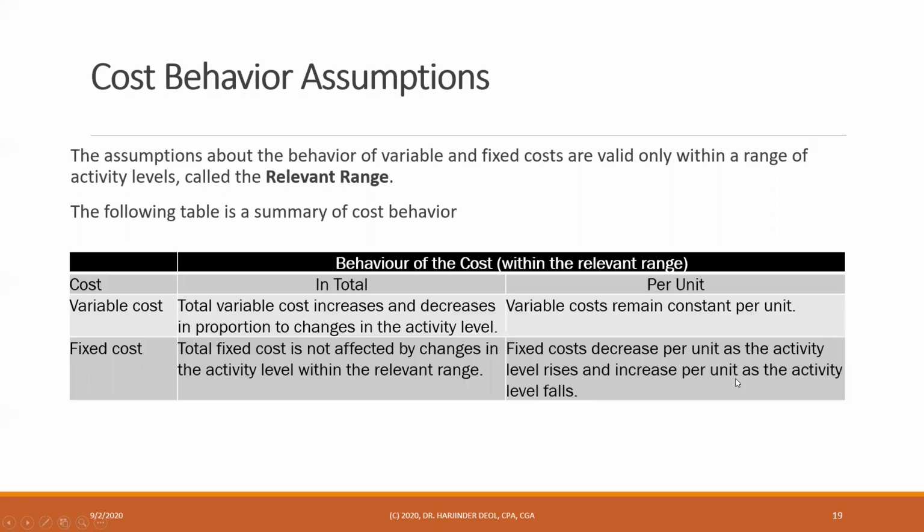So what do we have here? So within the relevant range, a variable cost in total, so total dollars, will go up or down in response to changes in the production level. But on a per unit basis, the variable costs remain constant.